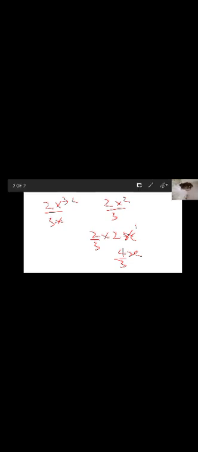First of all, x here can cancel to give us 2x squared over 3. By differentiating this now, 2 multiplies 2 over 3, we get 2 over 3 times 2, then x will be raised to power 1. So 2 over 3 times 2 will give us 4 over 3. So the answer is 4x over 3. I think that's very straightforward. It's also something that we can use our calculators to do.